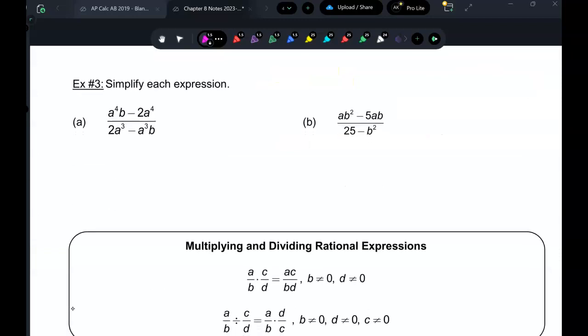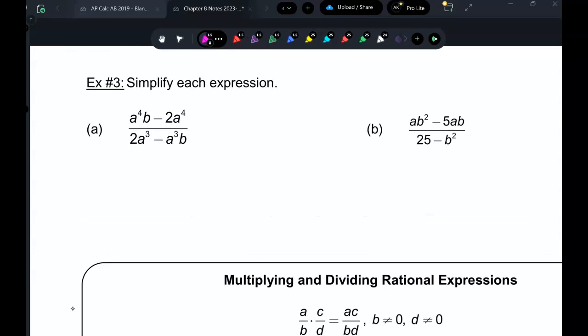Okay? All right, let's take a look. So first thing I want to do is factor this. What can I take out of a to the fourth b and 2a to the fourth? I could take out a to the fourth, and I'm left with b minus 2.